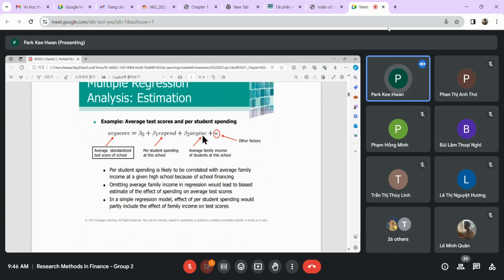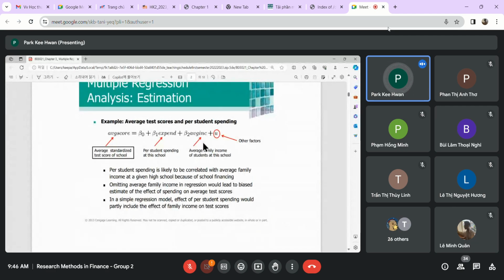Now suppose that, so this is the multiple regression, but instead of running the multiple regression, suppose that we run the simple regression by omitting the second variable, omitting the average family income, in the regression.